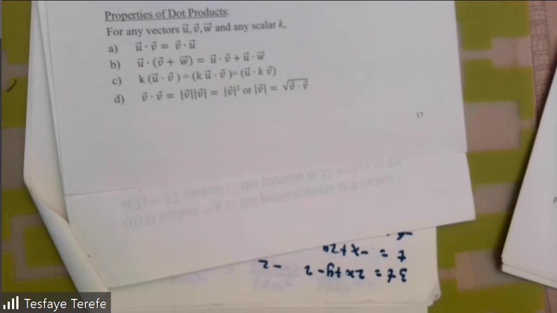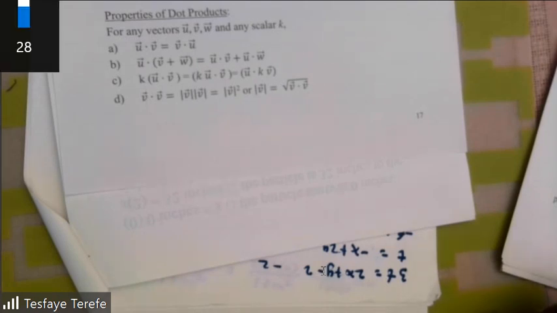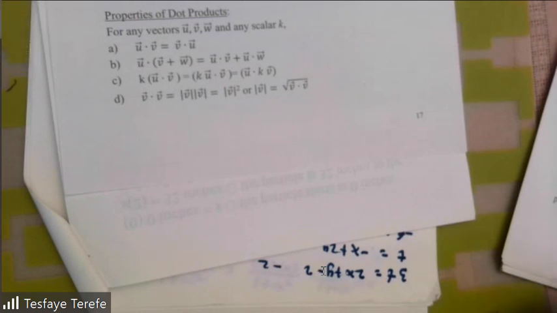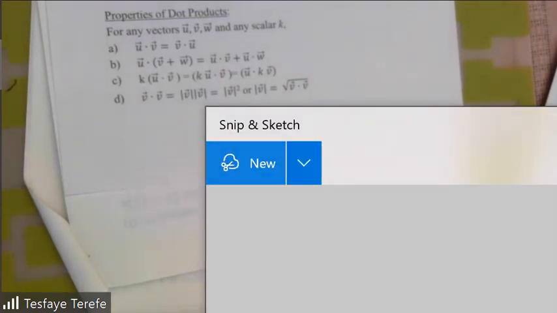Another one is, when you are dotting a vector with itself, the angle between the two parallel vectors is 0. Cosine of 0 is, as you know, 1.